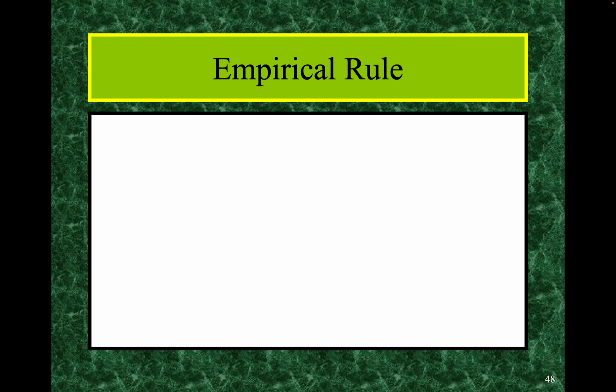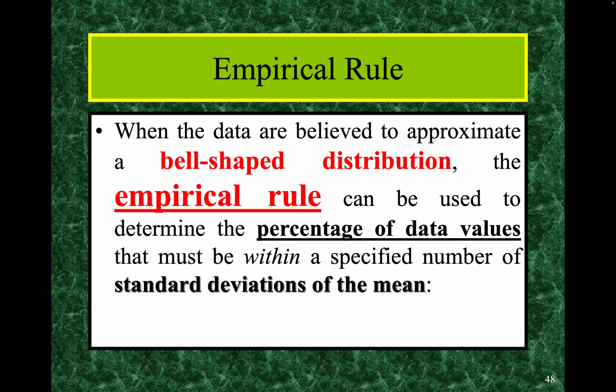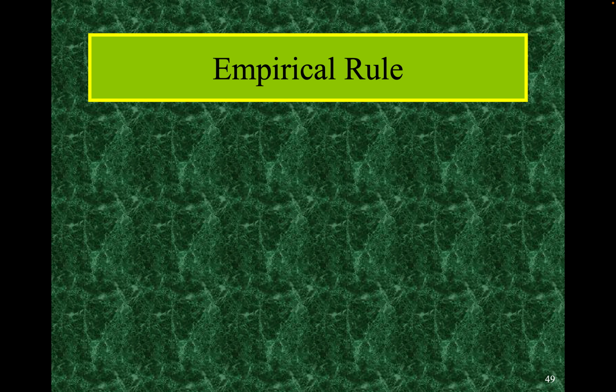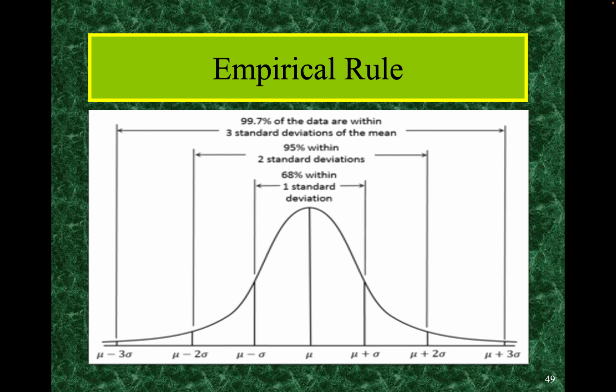For the empirical rule, when the data are believed to approximate a bell-shaped distribution, the empirical rule can be used to determine the percentage of data values that must be within a specific number of standard deviations of the mean. We can see it in this illustration. Say you have the mean over here.